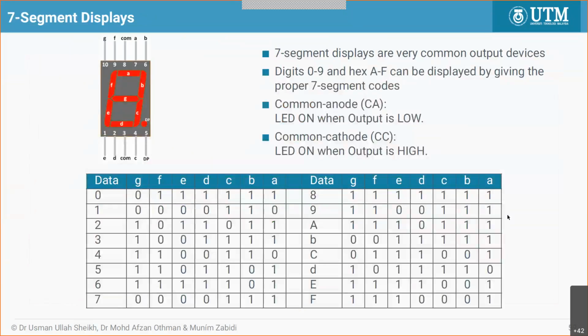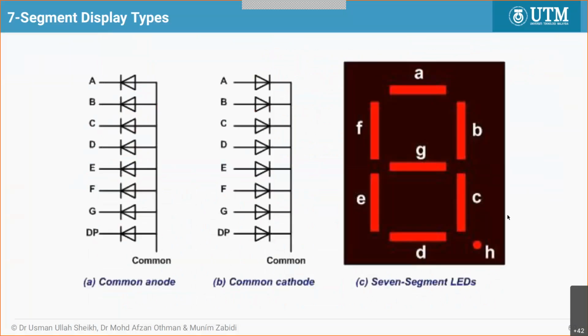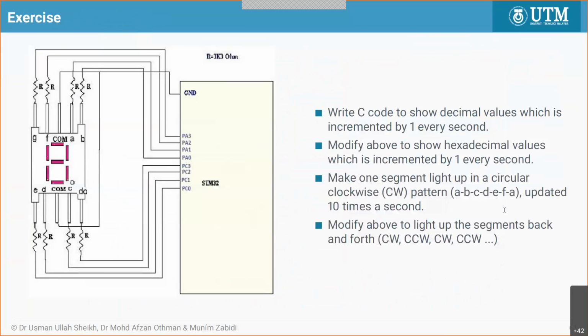Okay, next we can connect the output ports to a 7 segment. This is common knowledge, right? A lot of people have used this. You turn on the particular combination to get the digit that you want. Then you can choose either common anode or common cathode. And you can connect directly like that.